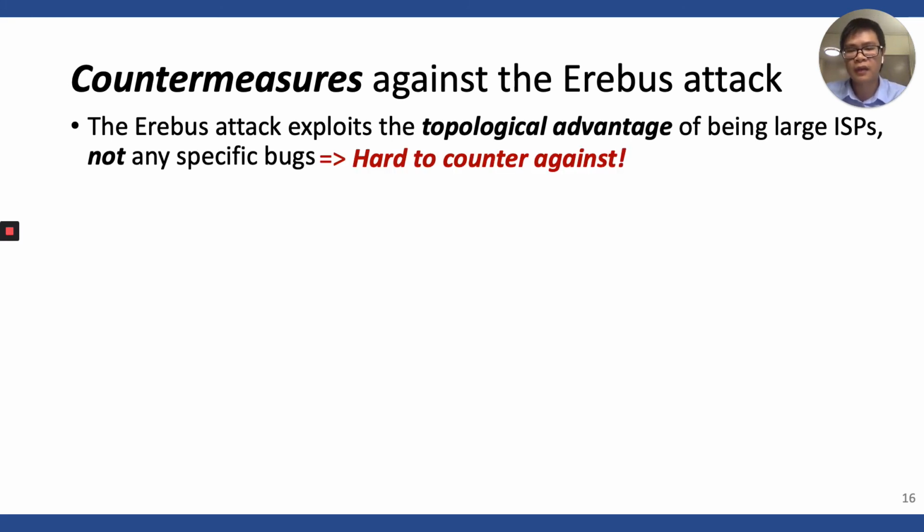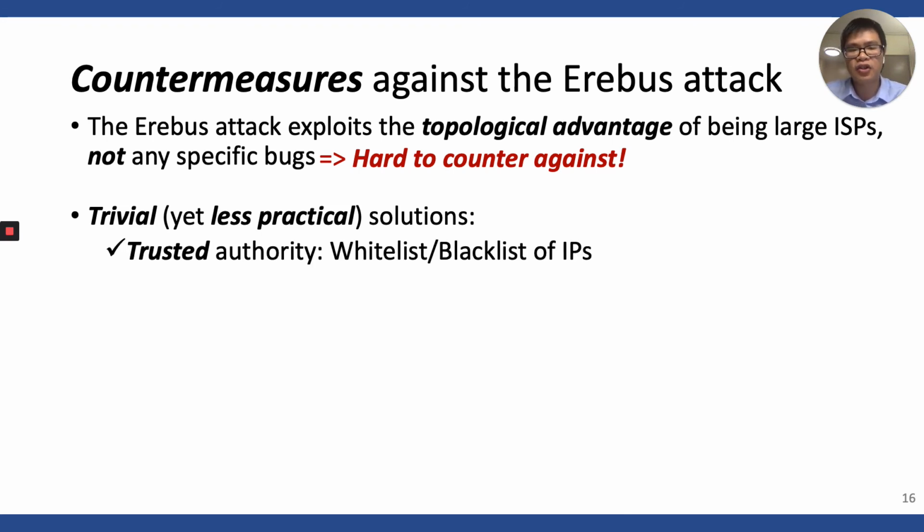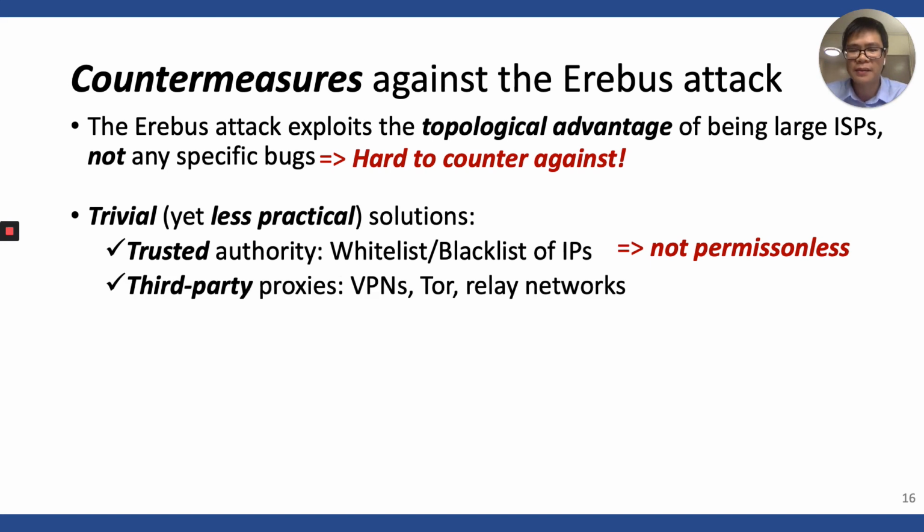There exist some trivial but not so practical solutions, such as maintaining a trusted authority, for example, some whitelisted nodes. However, the permissionless design of the Bitcoin network may be violated. There are also some third-party proxies like VPN, Tor, or relay networks. However, they are not decentralized.